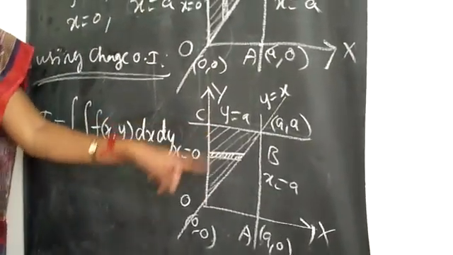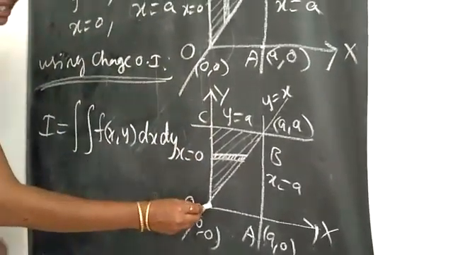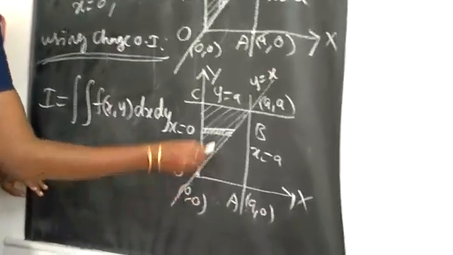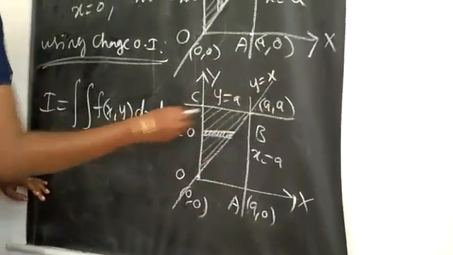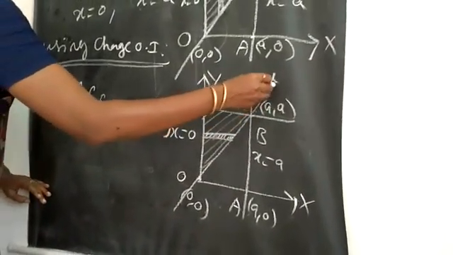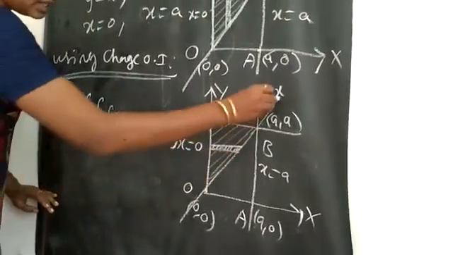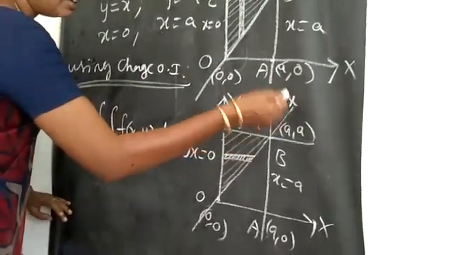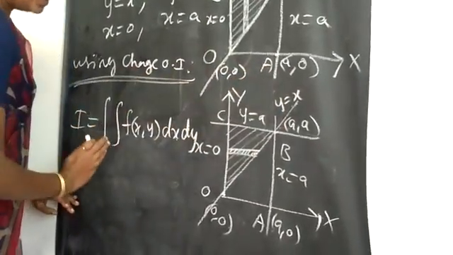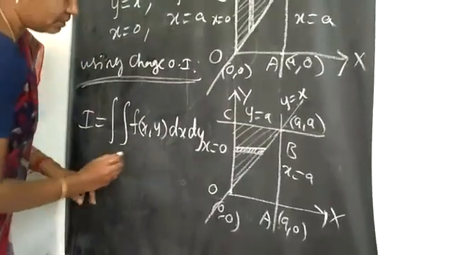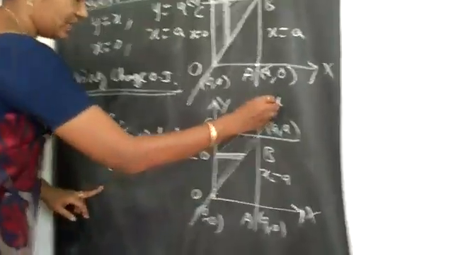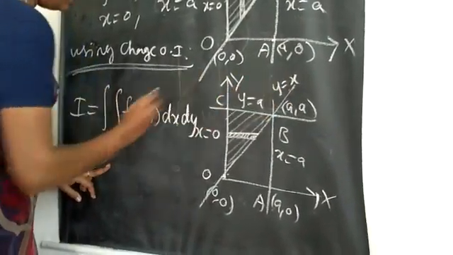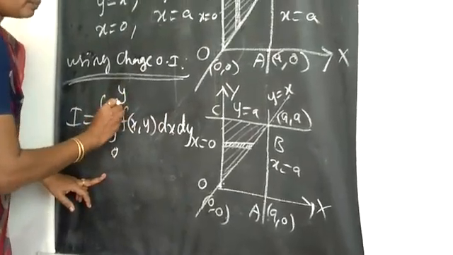To take the x limit from this diagram, the x range starts at the origin, 0, and ends at a variable limit. Solving this equation, we get the x lower limit as 0, and the x upper limit, since y equals x, is x equals y. So I am taking the x upper limit as y.